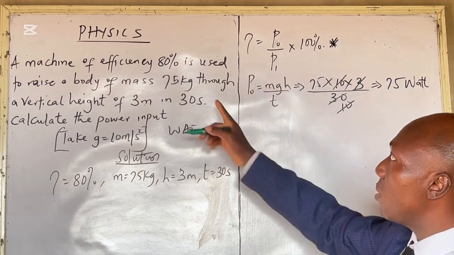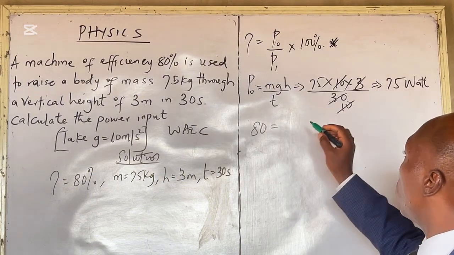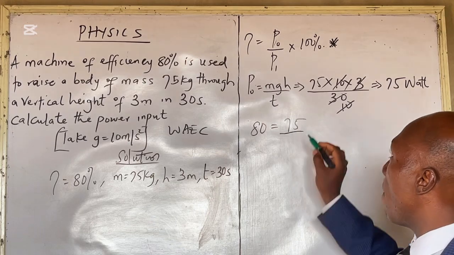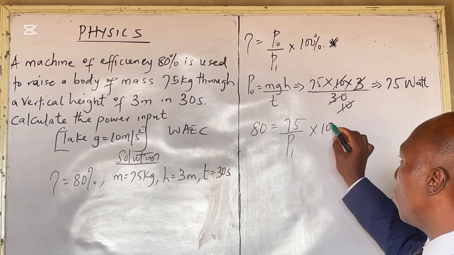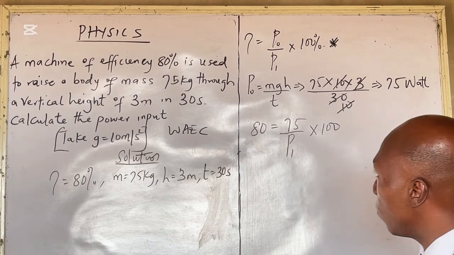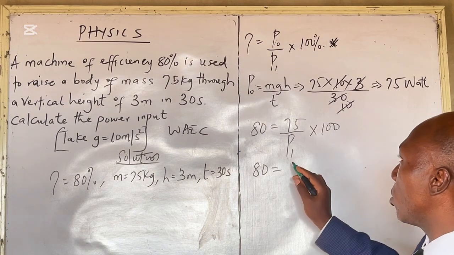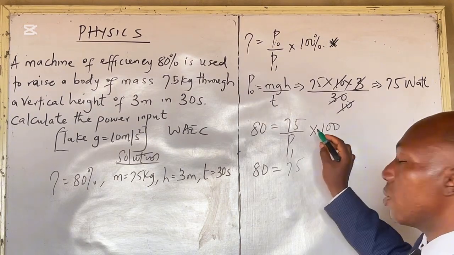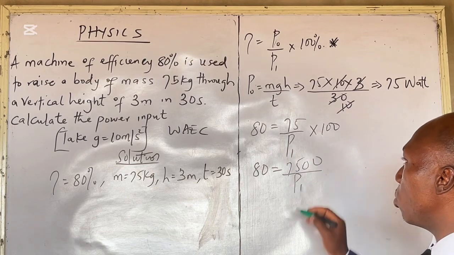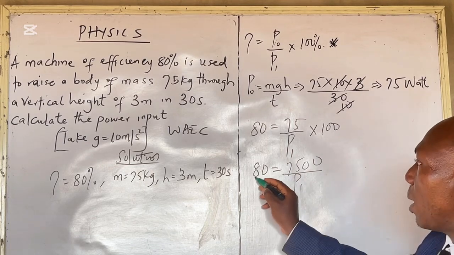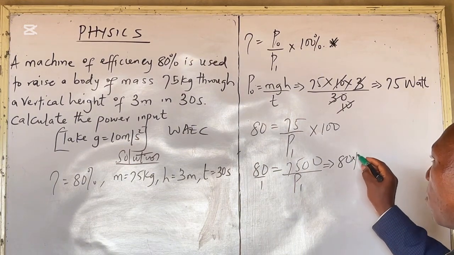So let's substitute the power output in this formula. We have efficiency, which is 80%, equals power output, 75, over power input, which is what they asked us to calculate, times 100. So we have 80 equals 75 times 100, that's 7,500, over power input.